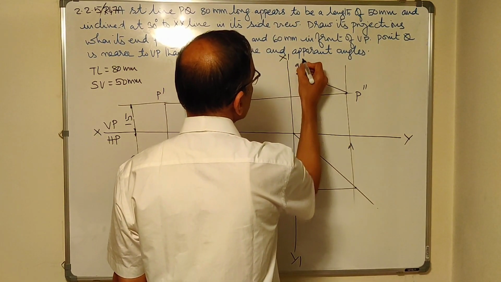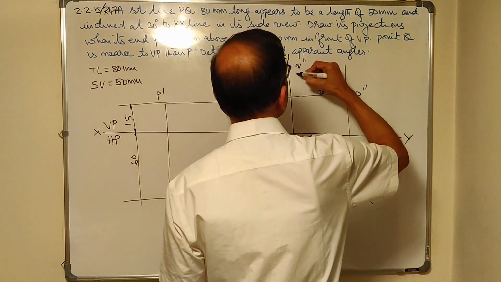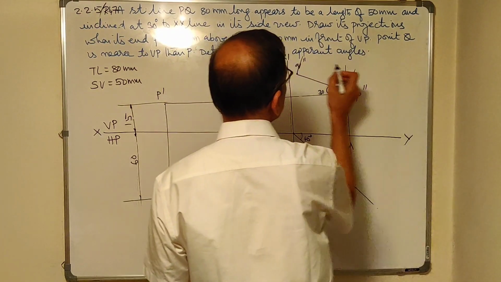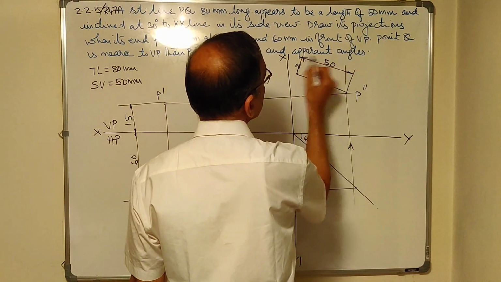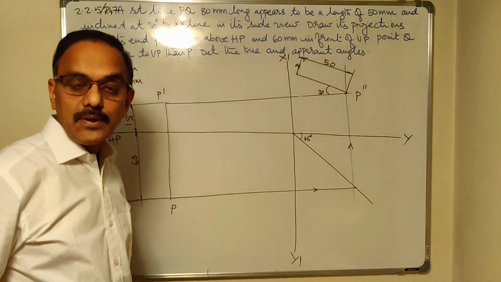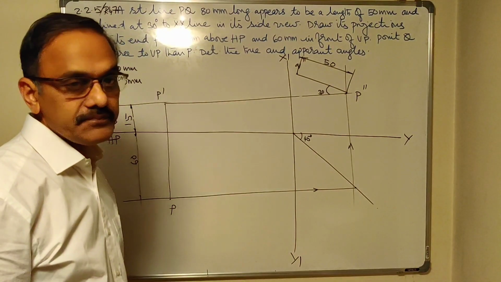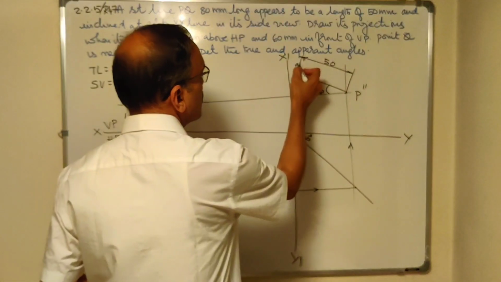This is Q double dash. This angle is 30 degrees and this length is 50. So I have drawn the side view of the line PQ with the given data. This is Q double dash, the profile view.